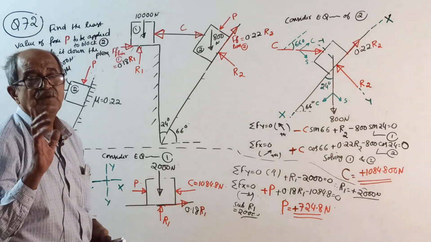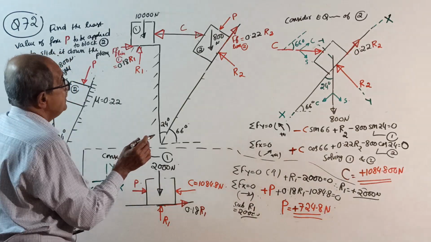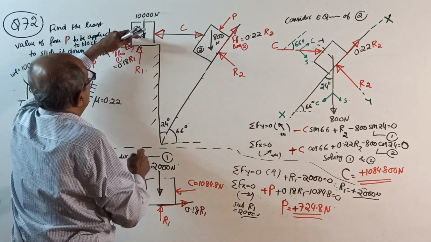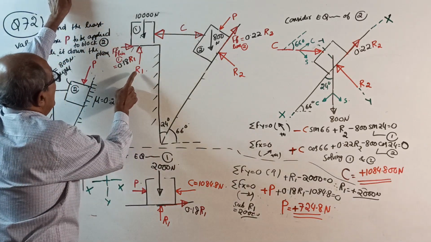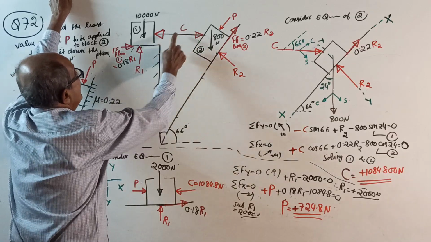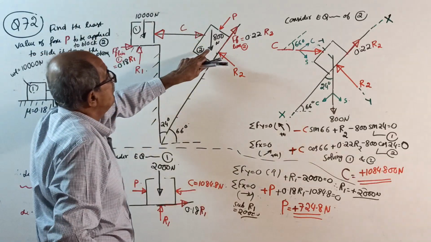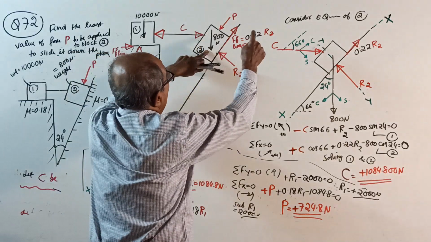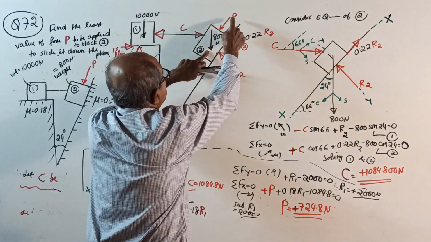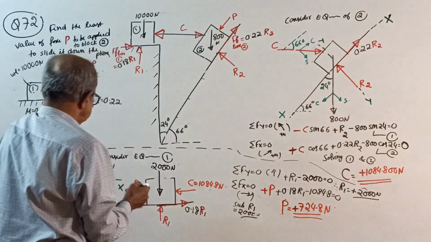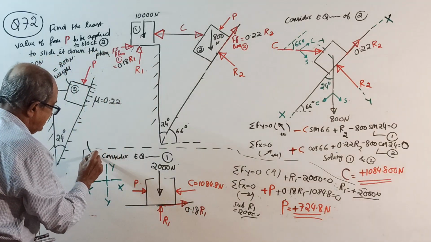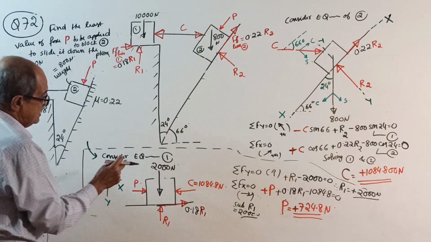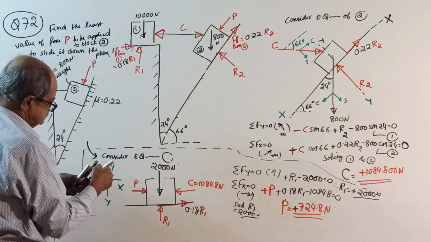Now you should be careful. For block 1, the unknowns are R1 and C. For block 2, the unknowns are R2, C and P. Therefore, you should start from here. First consider equilibrium of block 1.